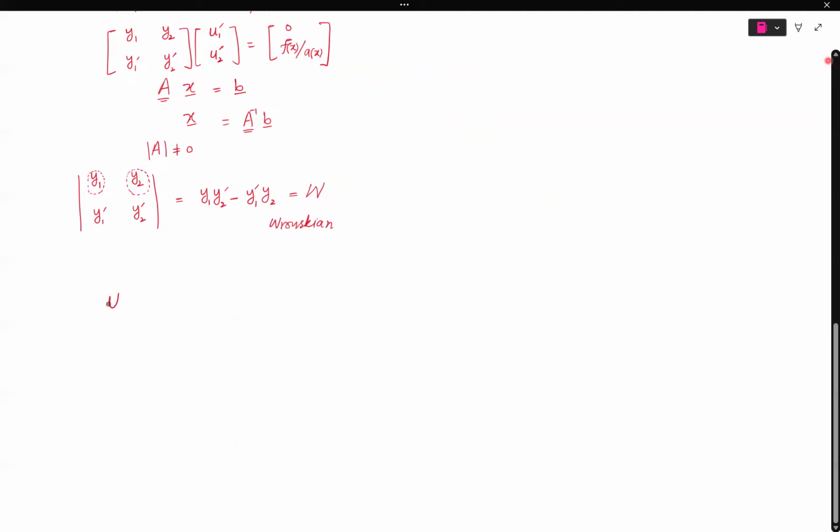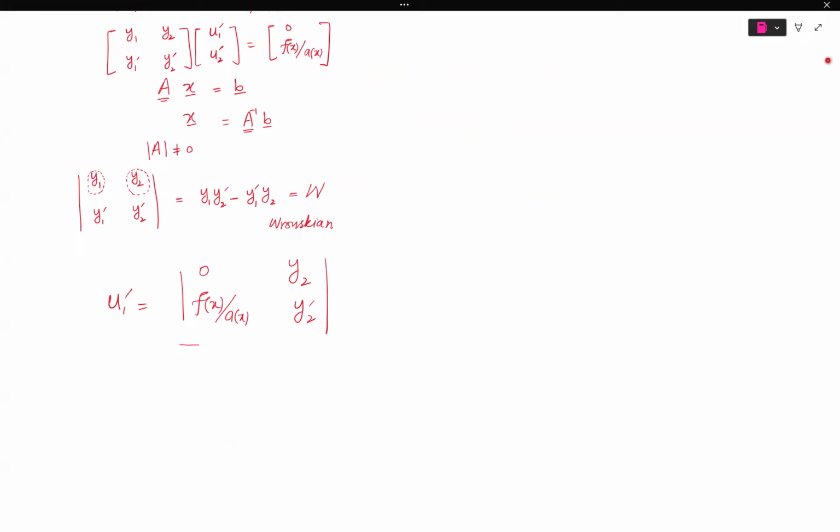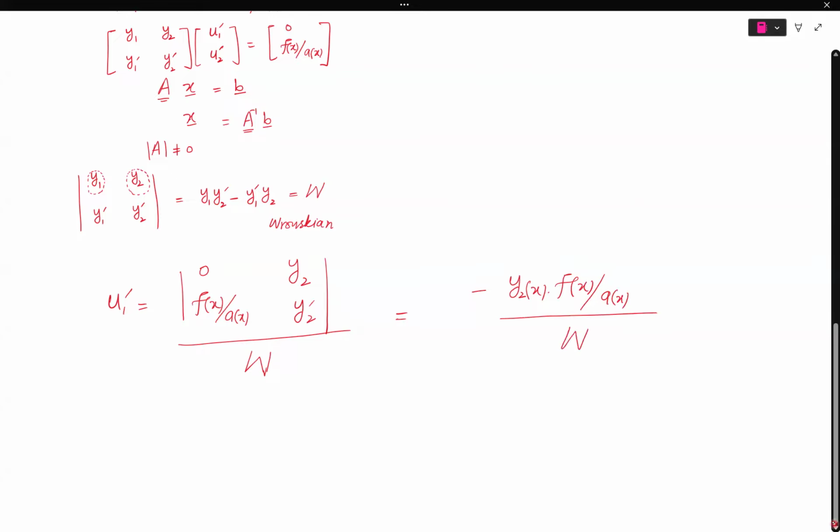Okay. So let's write the equations. So u1 prime: 0, f of x over a of x, and then there is y2 and y2 prime. That's the way we apply Cramer's rule, and divided by the Wronskian determinant. So u1 prime will simplify to minus y2 of x times f of x over a of x, and the whole divided by the Wronskian.